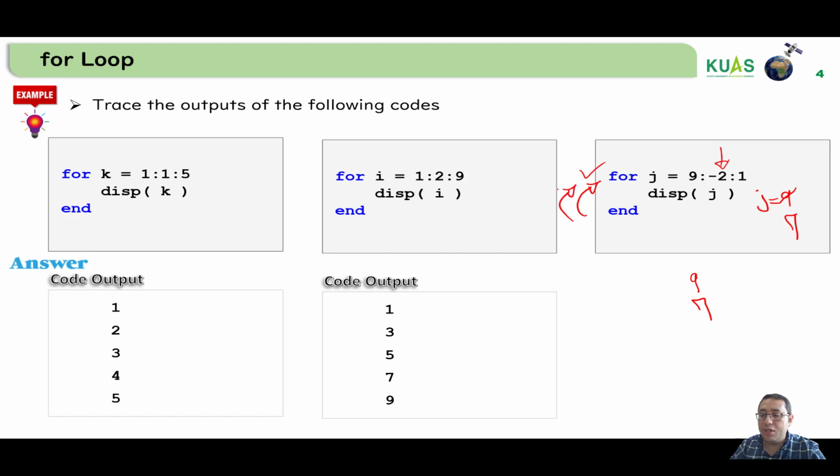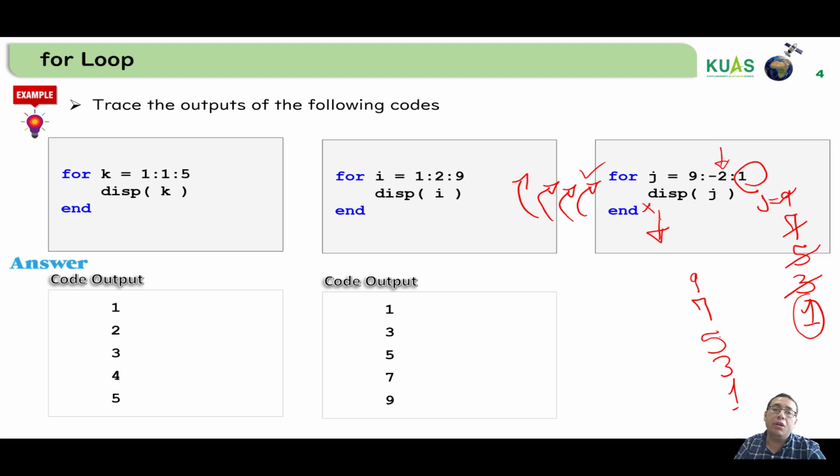And then go to the next iteration, so the 7 will decrease to 5, so display 5, and then go to the next iteration, and then decrease by 2, it will be 3, and display 3, and then decrease this to 1. And 1 is the last value here, so it will display the 1, and then go to end and continue without doing further loops. So the output from that code will be 9, 7, 5, 3, and 1.